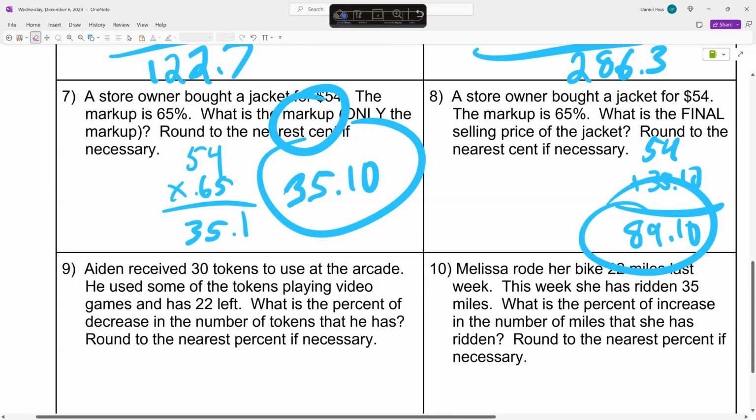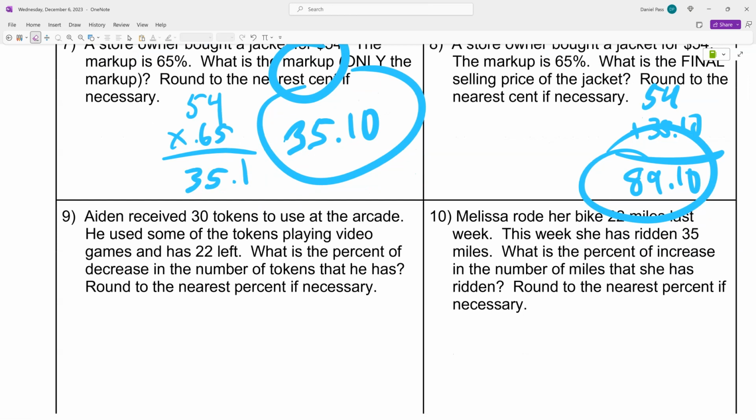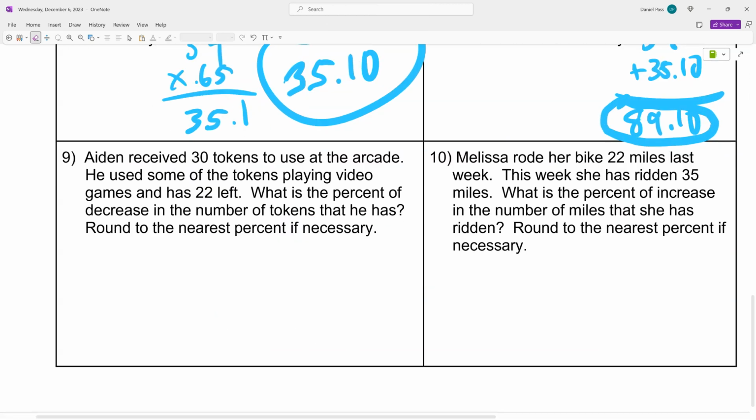And then these last two are the ones that were different, so be careful, because they are different than the other problems. Step 1, subtract. Step 2, divide. How much did it change? Changed by 8.